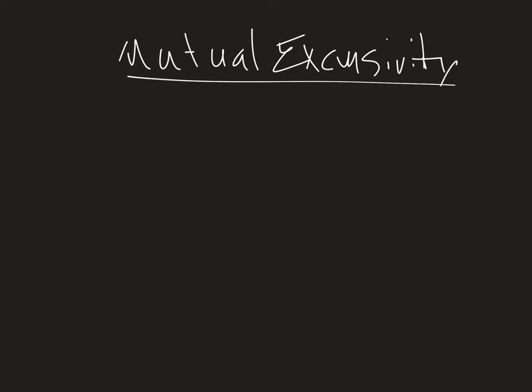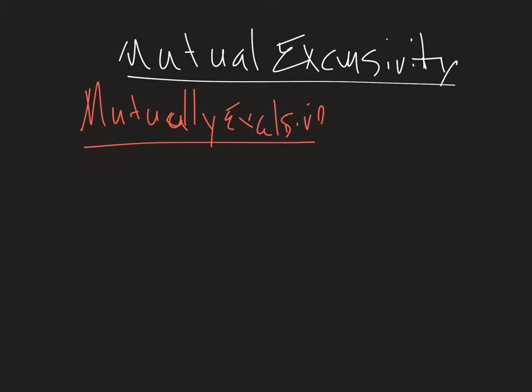We're looking at mutual exclusivity, and what that means is that if 2 events are mutually exclusive, it means that there is no overlap. Or in other words, the probability of A and B is 0.